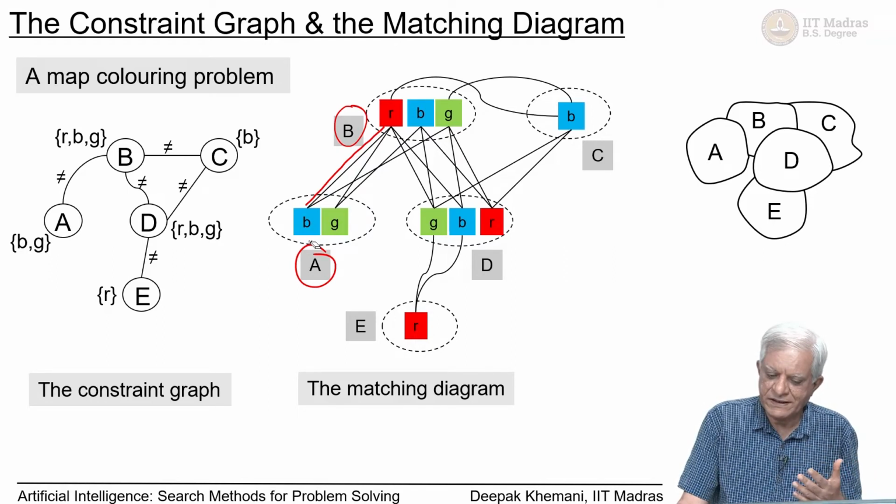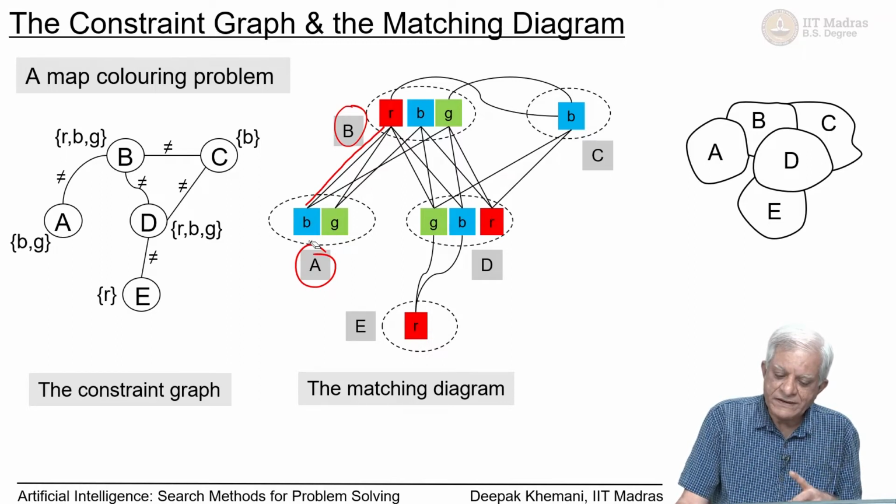So, in the solution, that is fine to say that A can get a value blue and B can get a value R. So, notice that between A and B, for example, there is no edge between G and G. Why is that? That is because it is a map coloring problem and you cannot give the same color to two touching regions.